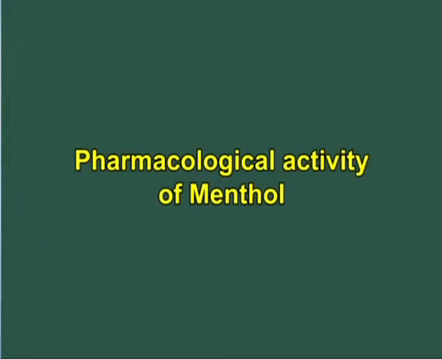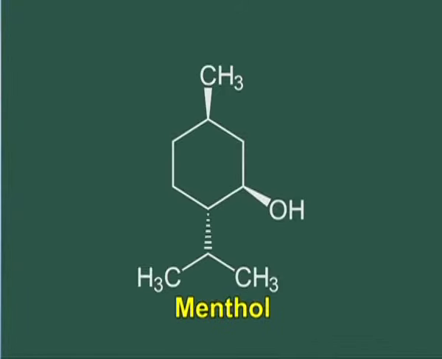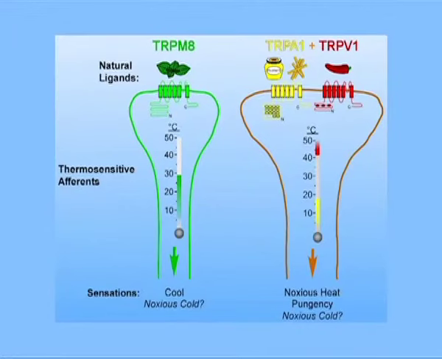Now, we will study various pharmacological activities of menthol. Menthol's ability to chemically trigger the cold-sensitive TRPM8 receptor in the skin is responsible for the well-known cooling sensation. It provokes a cooling effect when inhaled, eaten or applied to the skin.